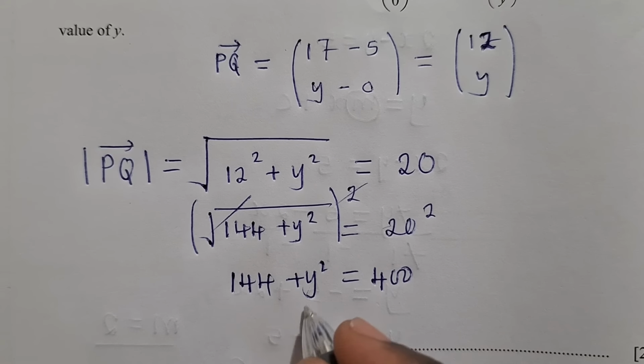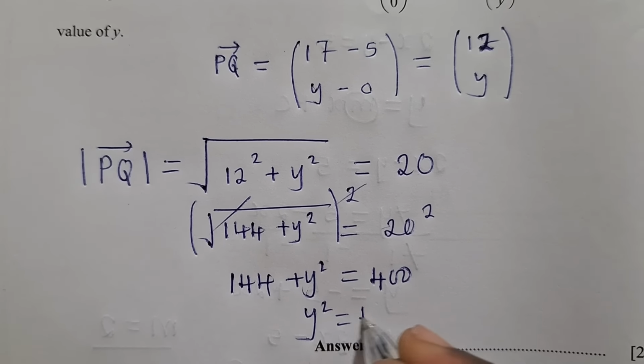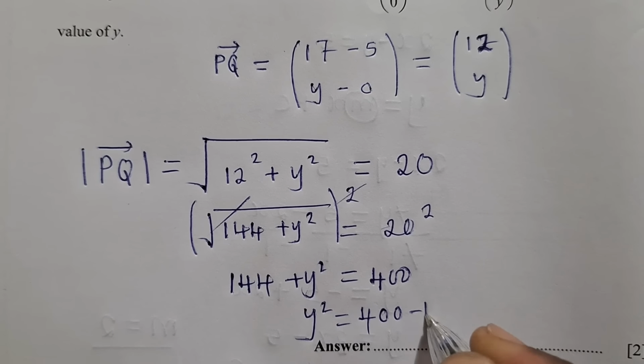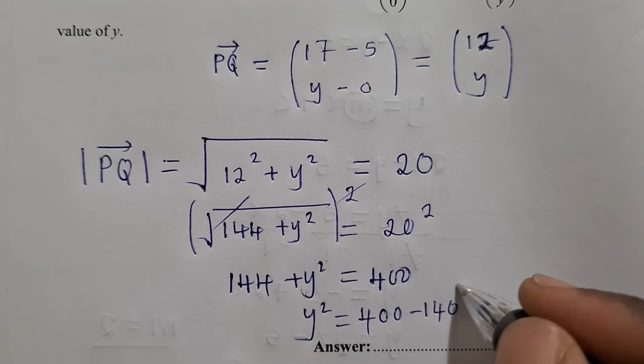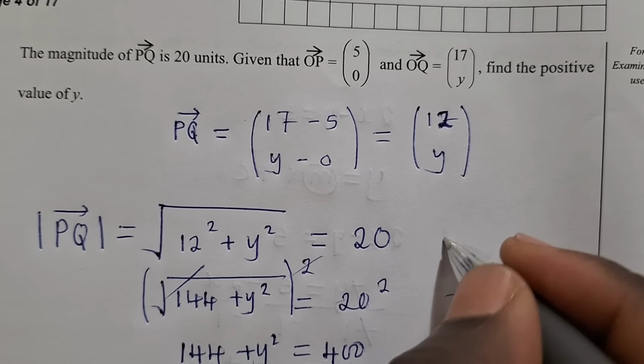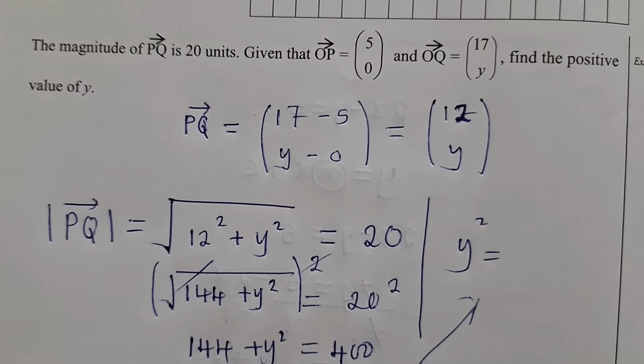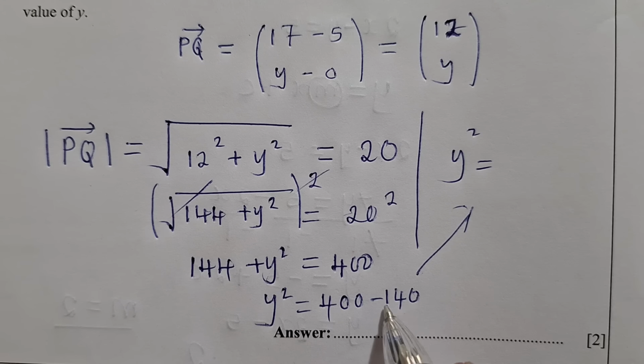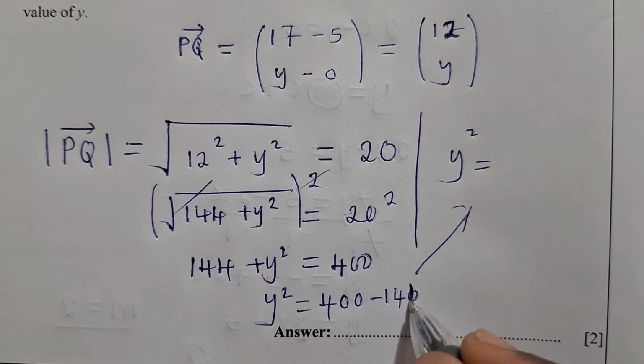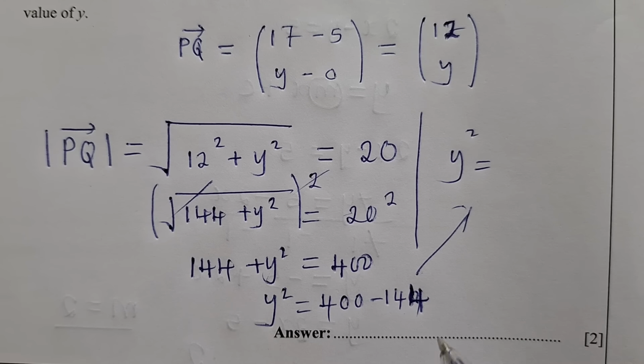Okay, we group the like terms. So this is how it will be. Okay, so from this stage, we've got y squared is equal to, what is 400 minus 144? This is 144. 400 minus 144.